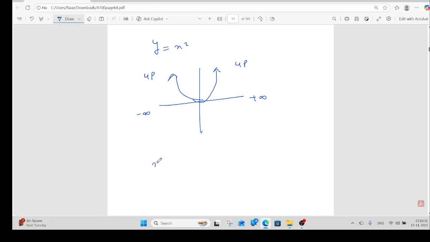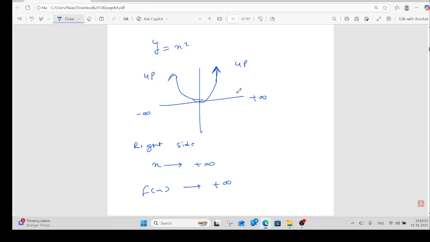So as x goes to positive infinity, I'm talking about the right side, my graph is going in the upward direction, right? As you can see, in the upward direction. So I can write f(x) goes to positive infinity.